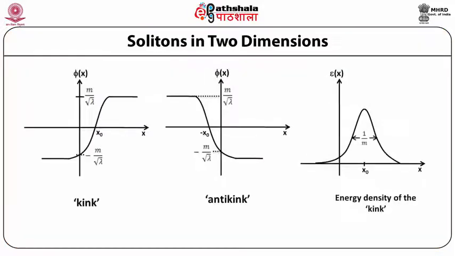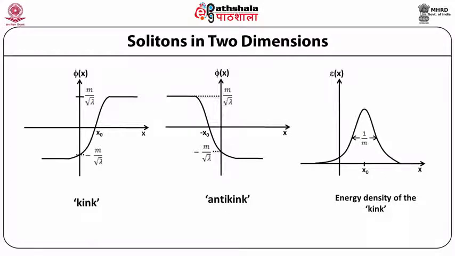We should mention that the solutions discussed above are solitary wave solutions. They are not solitonic solutions in the sense that they do not retain their shape after collisions. The proof is beyond the scope of the present discussion. The figure shows that φ(x) has a kink at x = x₀, that is, for the solutions with positive sign, φ(x) has a kink.